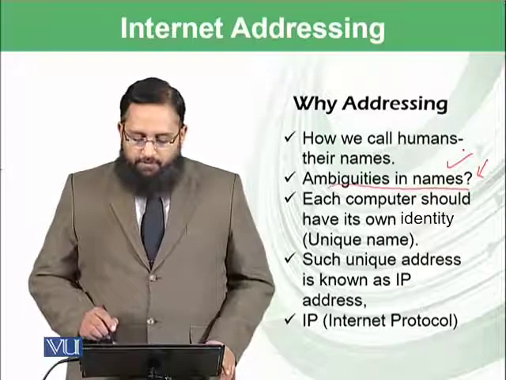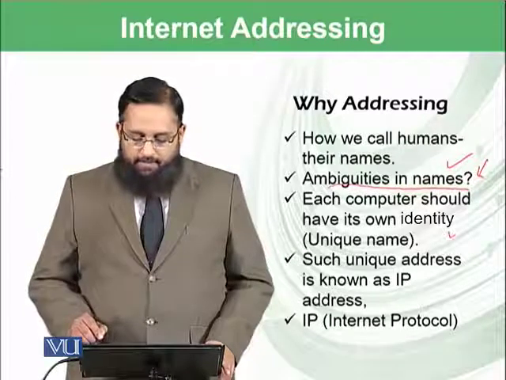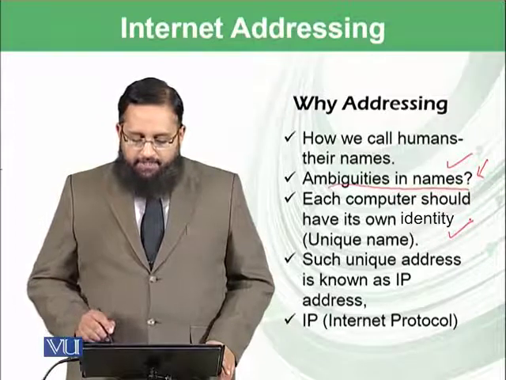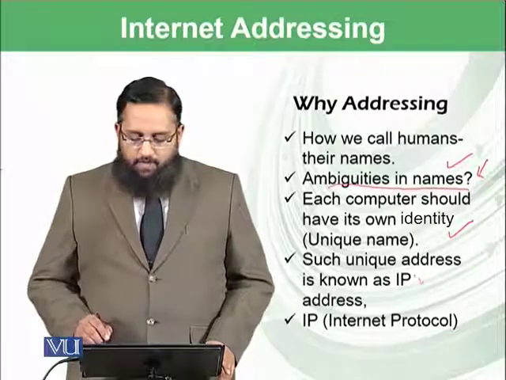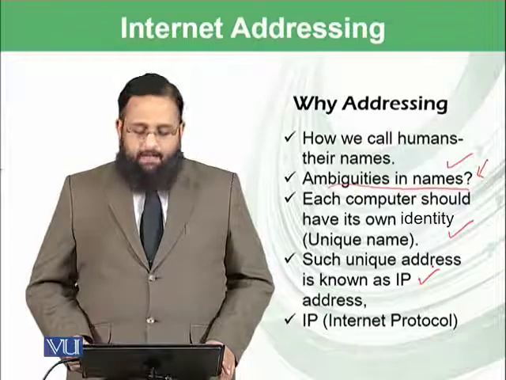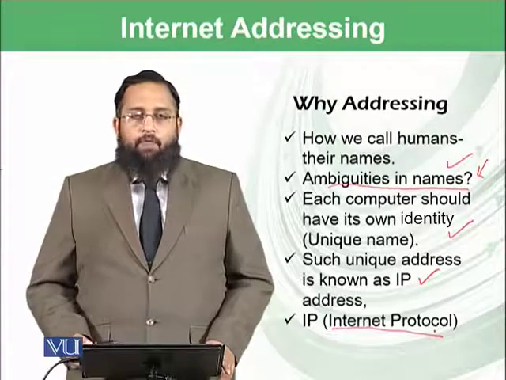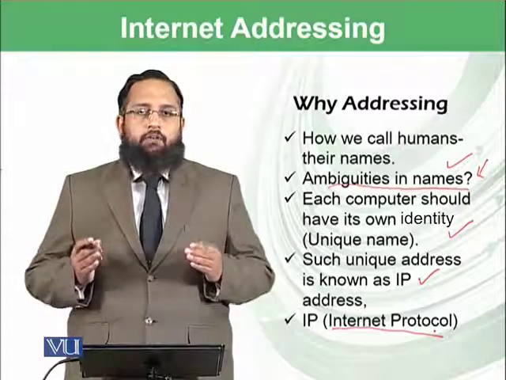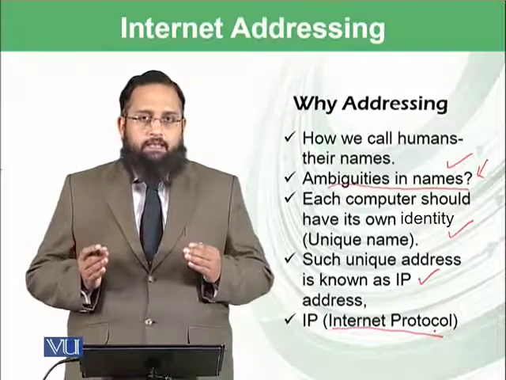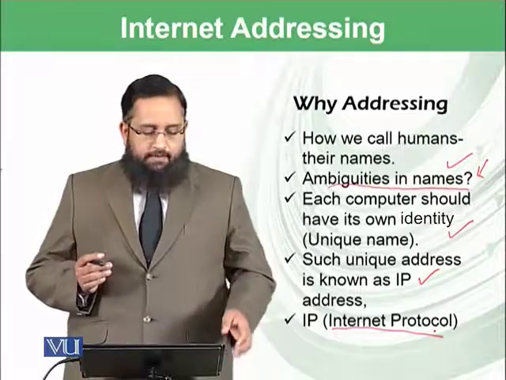So each computer will have its own identity, and such a unique address is known as IP, which is basically a short form of Internet Protocol. How these IPs are assigned to computers, we will learn in this module.